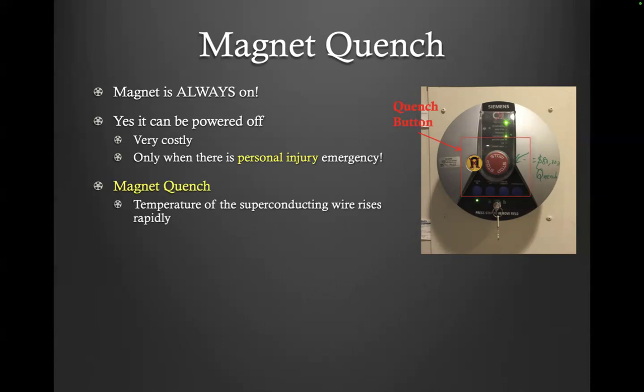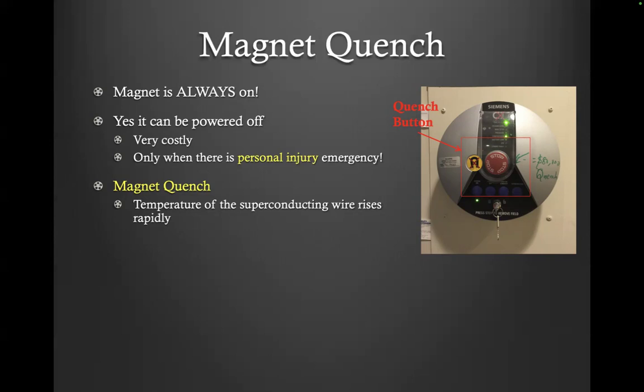So with magnet quench, when it happens, the temperature of the superconducting wires rises rapidly. Remember when I said your MRI is actually created by electric wires, but these electric wires are submerged in liquid helium to create this superconducting zero resistance condition.